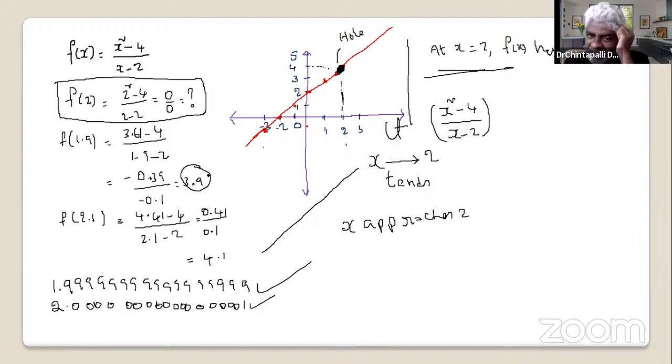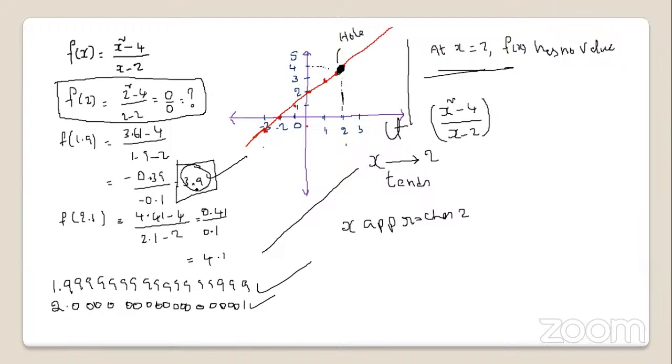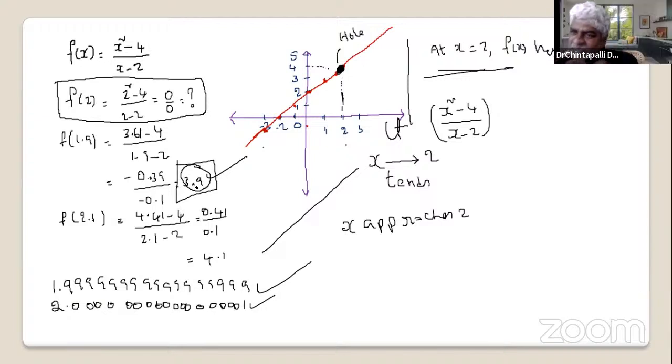Then f of X is trying to... can you guess what that value is? Reach 4. Yes. If X is trying to reach 2, then f of X is trying to reach 4.